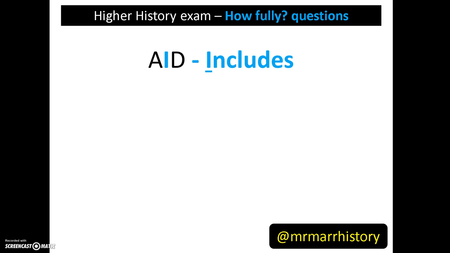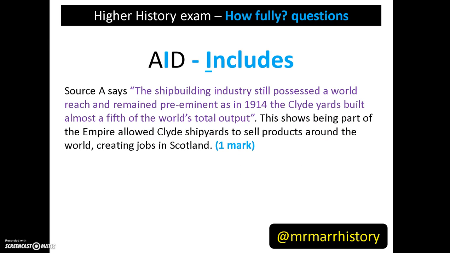Having done this, we now move on to the includes bit. We look at what the source actually tells us, and we explain why this is relevant. In this case, we give our quote, and then we give an explanation of what the specific impact was of this. Here you can see the quote, and here you can see the explanation of relevance. The full point together gets us 1 mark.